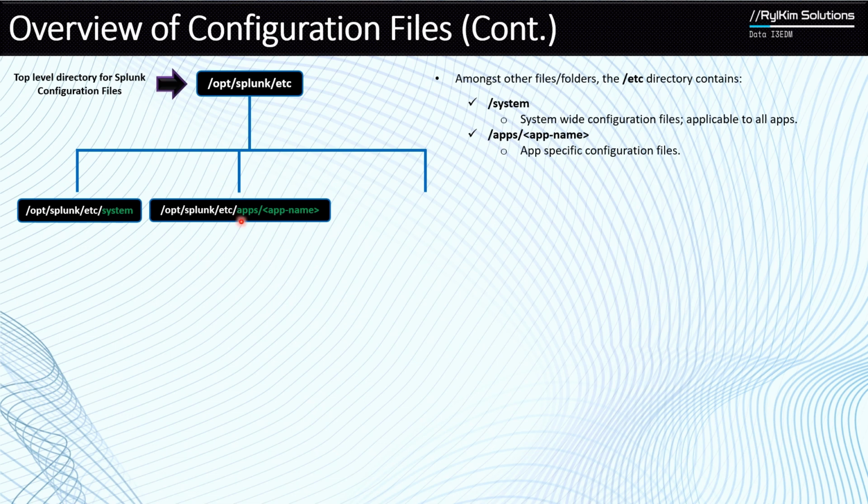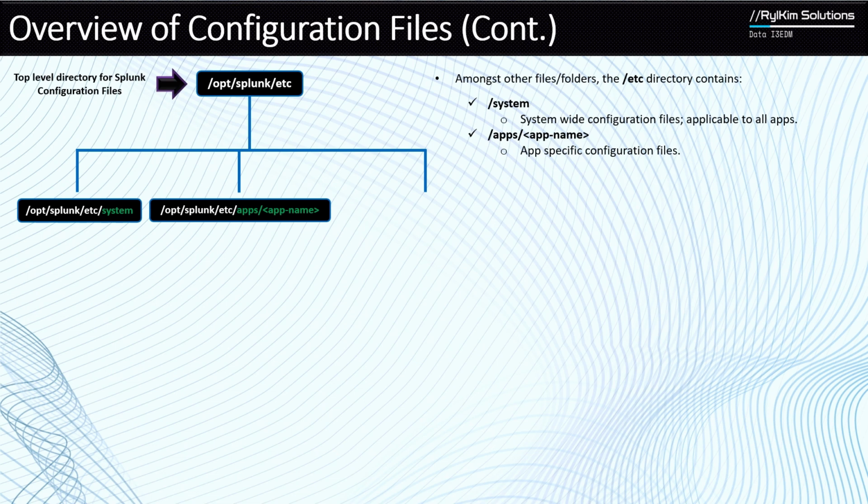And under the apps folder, there's going to be a folder name that's associated with the search and reporting app, just like any other app that you have installed on your Splunk instance. For example, the eventgen app is going to be here. You have maybe your SIEM app, it's going to be here as well. The common information model is going to be here as well. And when you go into each of those folders, you're going to see configuration files that are specific for those different apps that you have installed on your instance.